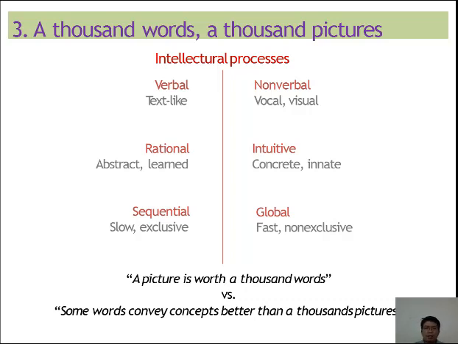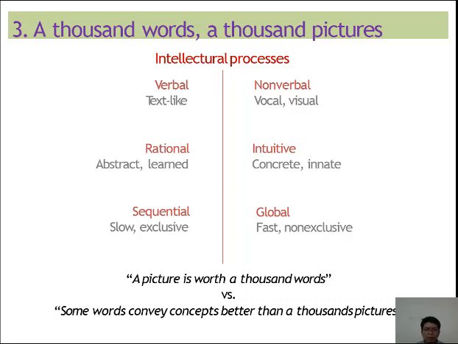Non-verbal can be vocal, meaning sound, or visual. For rational or intuitive, rational can be abstract or learned, and intuitive is concrete or innate. For sequential, you have slow, exclusive. For global, you have fast or non-exclusive.